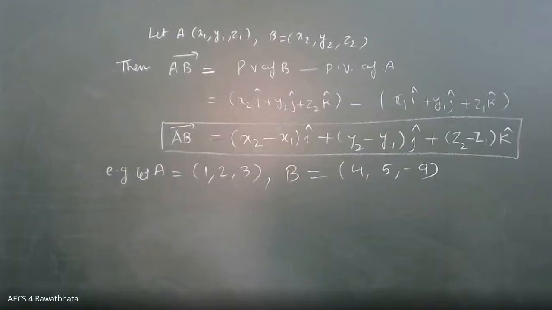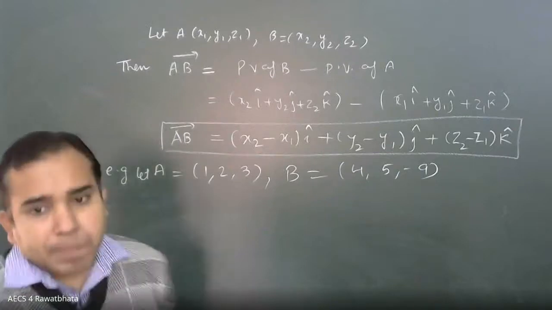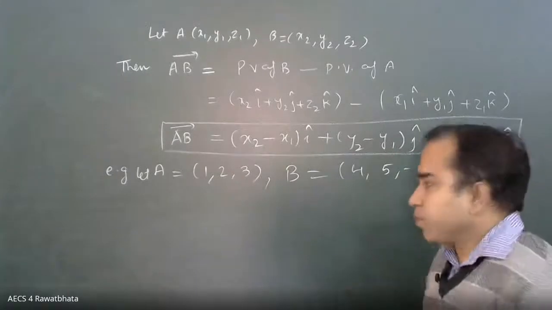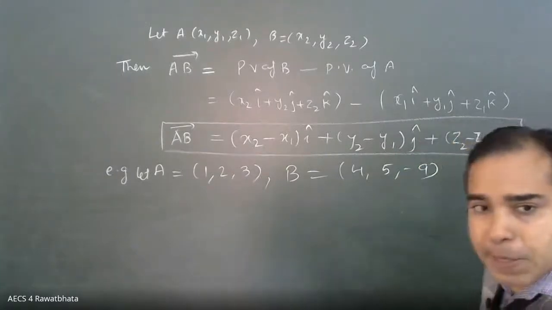Pratham, can you tell? Pratham or Priyanshu Yadav? What should be AB vector? Yes, Nutan. 3i cap plus 3j cap minus 12k cap.